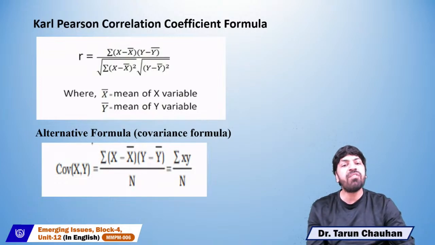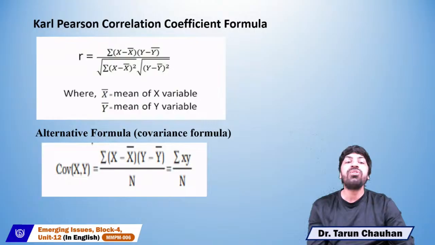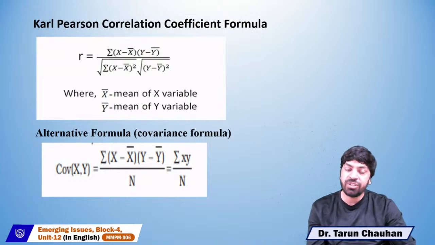There is an alternate formula, named the covariance formula: the covariance of the variables x and y is equal to sigma (x minus x bar)(y minus y bar) divided by n, where n is the total number of observations or items.